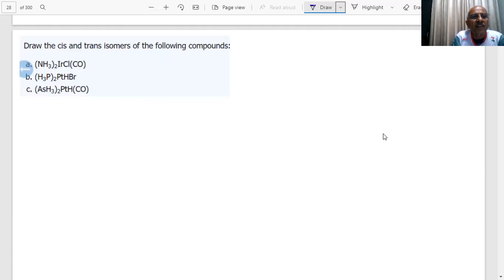Now he says, draw the cis and trans isomers of the following compounds. How will I draw, student? Here, Ir, iridium. You have NH3 twice; this is a coordination complex, student. And you have Cl and CO as ligands. The two NH3 ligands are the same.